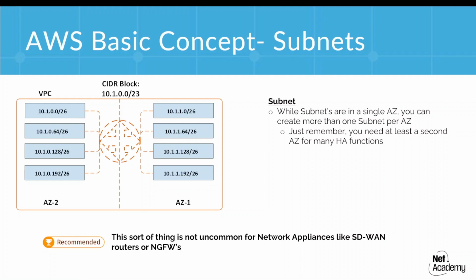You might wonder, why would I do this? What's the point? Well, this is a really common thing for network appliances. I want you to think a little bit about SD-WAN routers or next generation firewalls for a moment. I might have things like my WAN transport and my LAN side interfaces on my SD-WAN. Or on my firewalls, I might have something like trust, untrust, and heartbeat or management or something like that.